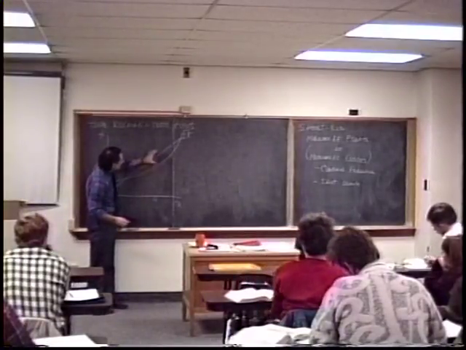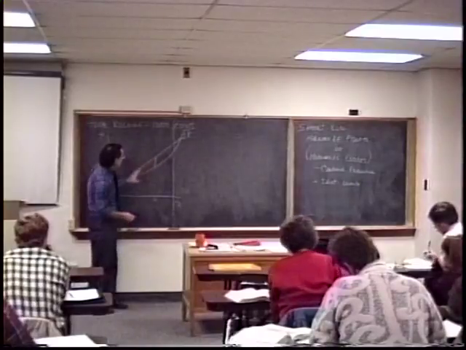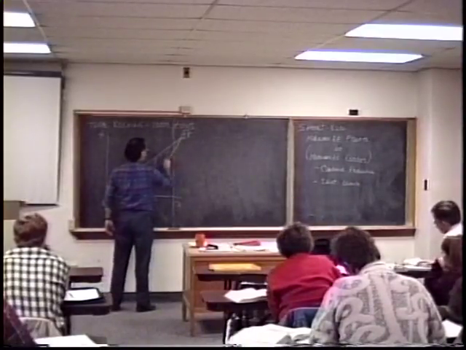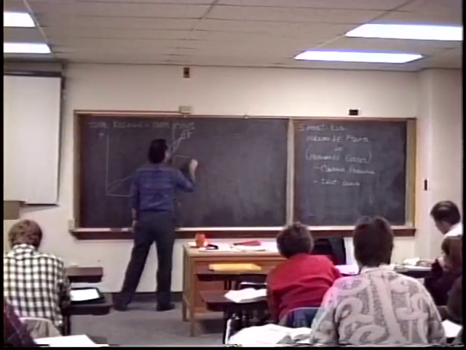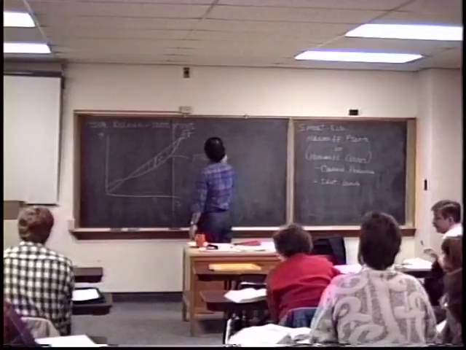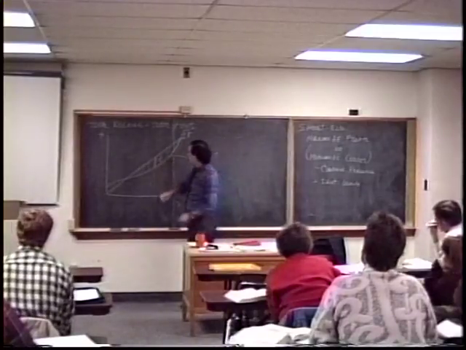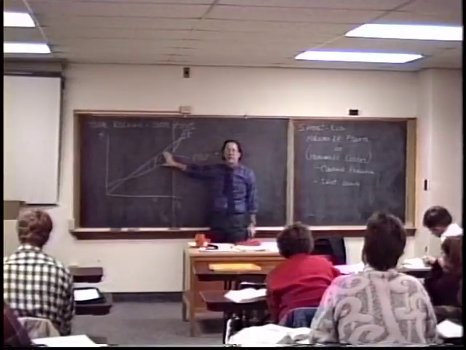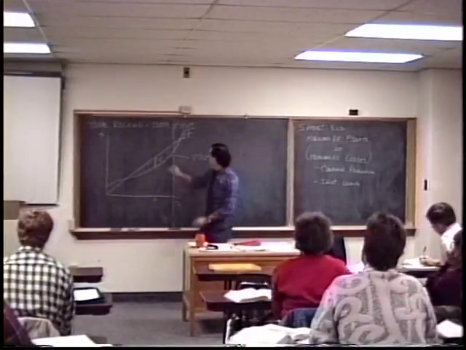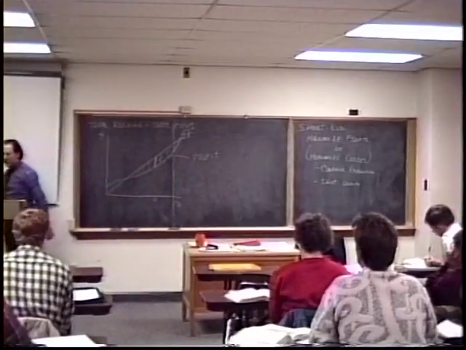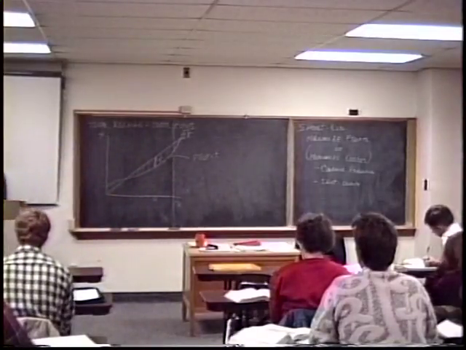So this area in here is all area of what? Profit. And the amount of profit is the vertical distance, so we look for the largest vertical distance between these two lines. Wherever the largest vertical distance is, that's where we're maximizing profits. That's the $2.99.